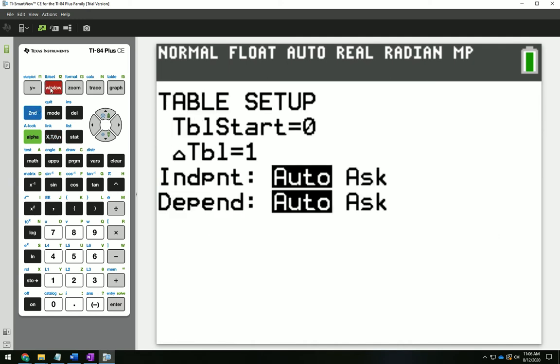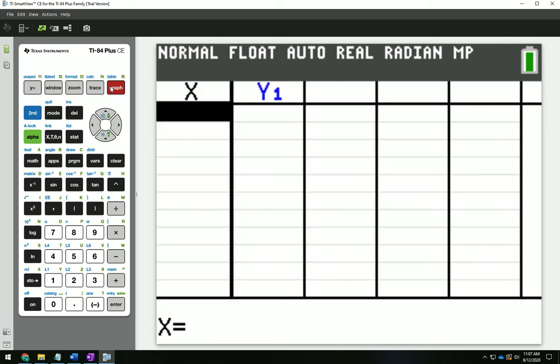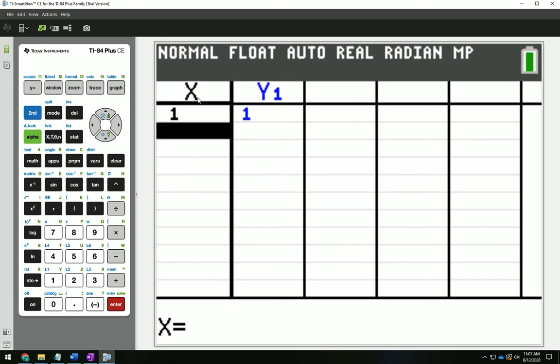Now, it's not super important for you to actually do this, so I'm just going to try to do this myself. I can get to a table by clicking on Second and Table, and you'll be able to see here that if I start typing in different values that are getting closer and closer to the value of 0, this is my input for x, and this is going to be the output.